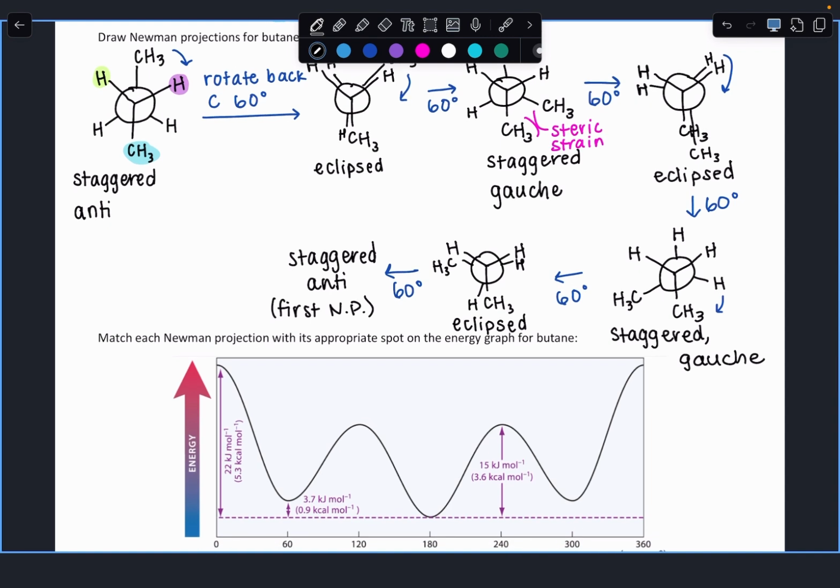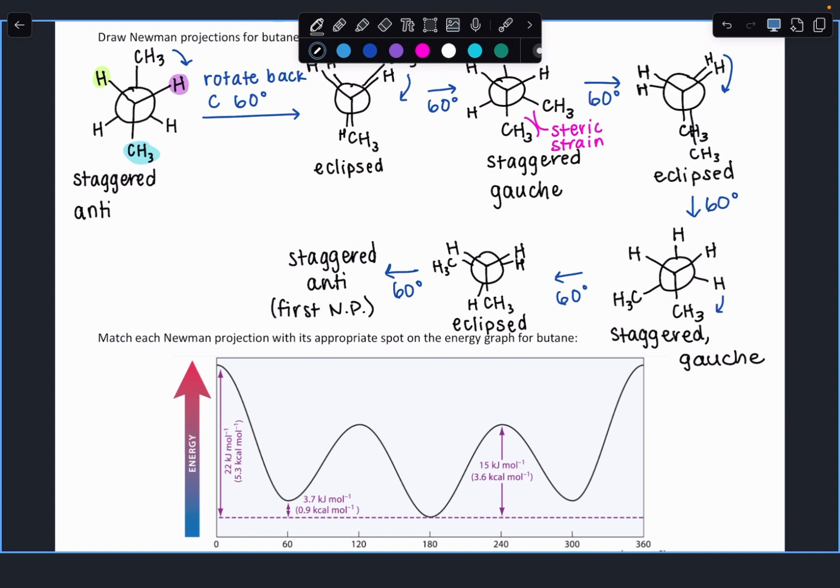So now consider where each of these fall on this energy plot. Energy increases along the y-axis, and then this is dihedral angle. We didn't label dihedral angle for each of these, but you could. But just based on where the crests and troughs are, notice that this trough is lower energy than this one, this crest is higher energy than this one.